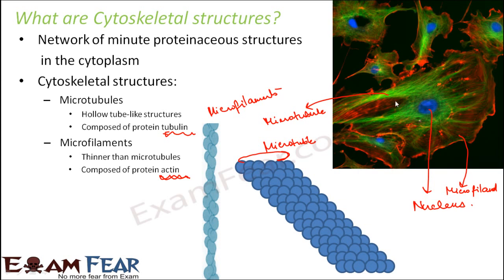So this forms the basic framework of the cell, and over this the cytoplasm and so many cell organelles are present. We should not forget talking about cytoskeleton, because without it the cell will not be able to get that structural support.